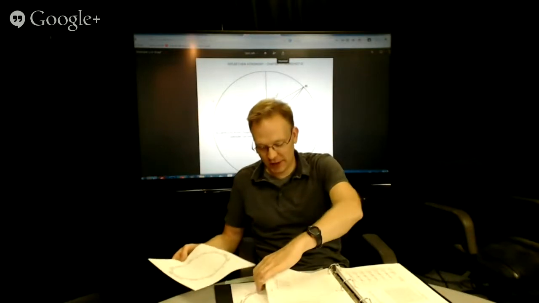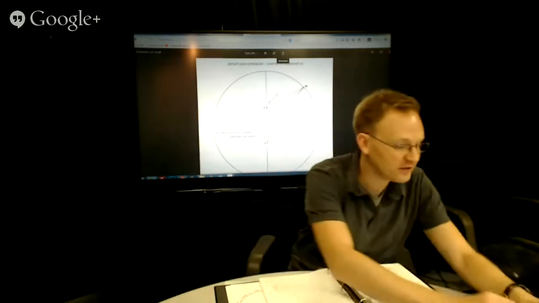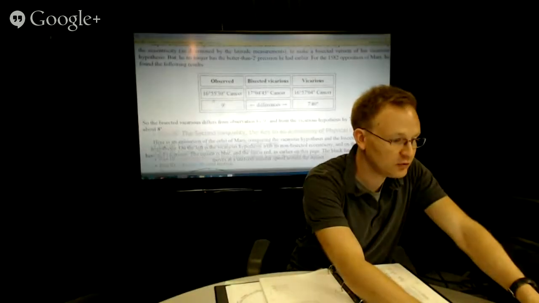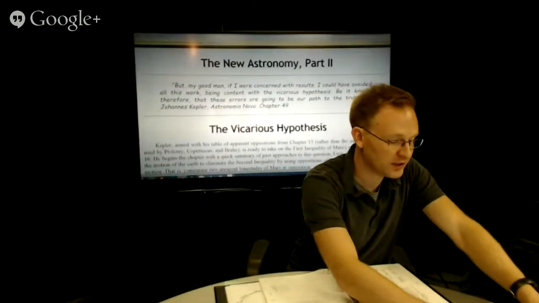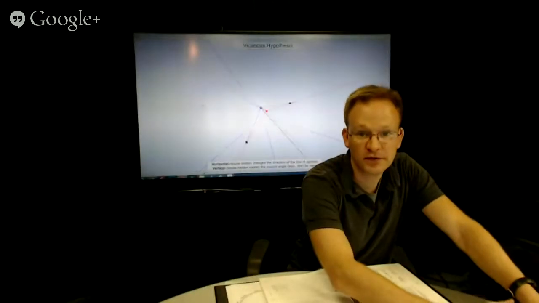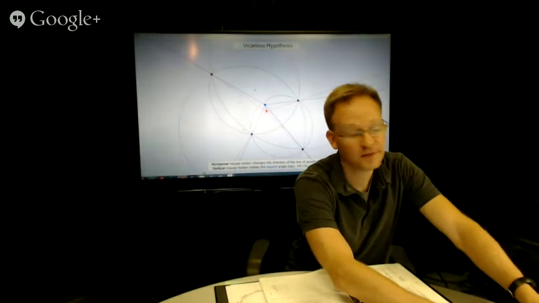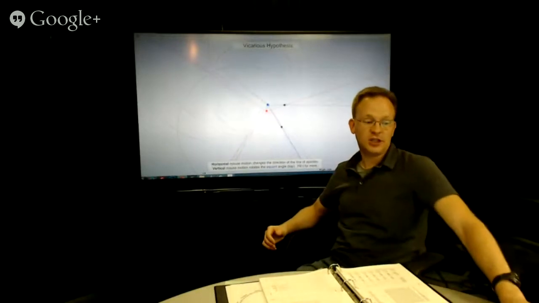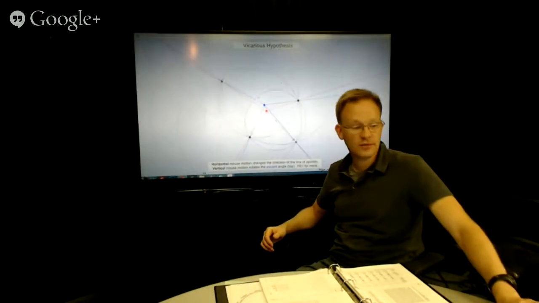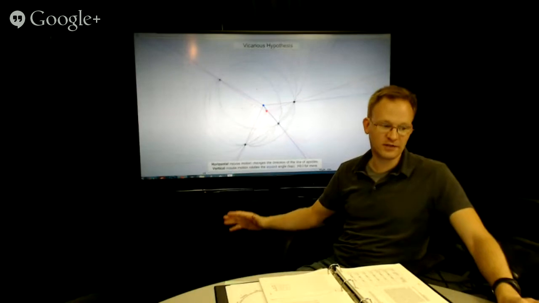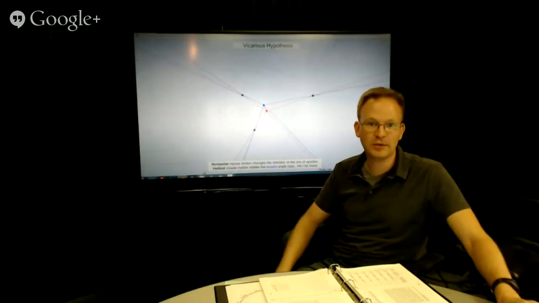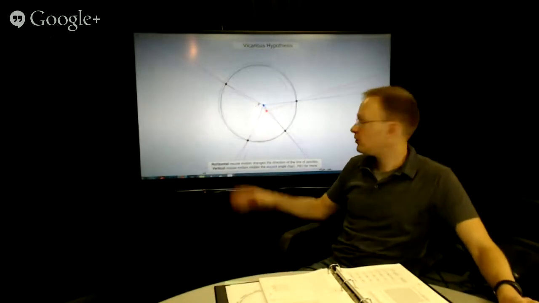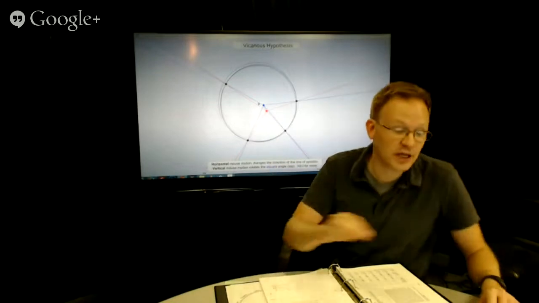If you go back to, let's put up this animation of the vicarious hypothesis, because there are two free variables in the vicarious hypothesis that Kepler plays with. This animation represents changing the two of them. Drawing the 4 circles and seeing if they all have the same center is not quite what Kepler did, but it's close. But the two adjustments made are exactly what Kepler did.